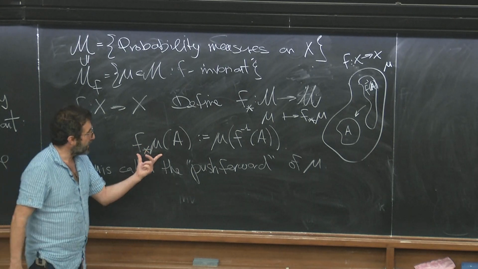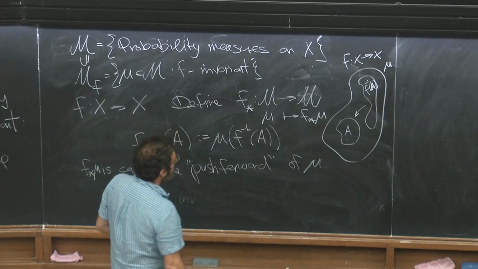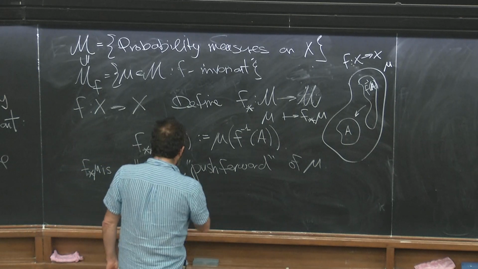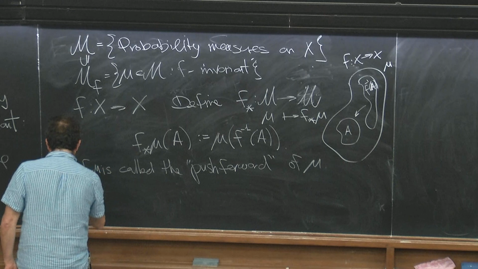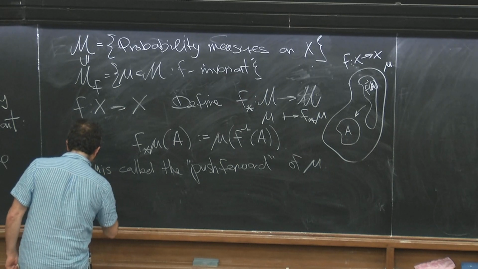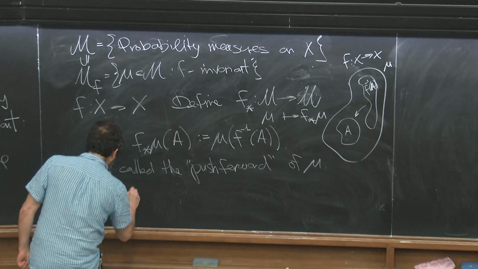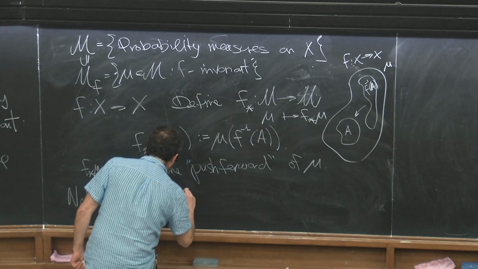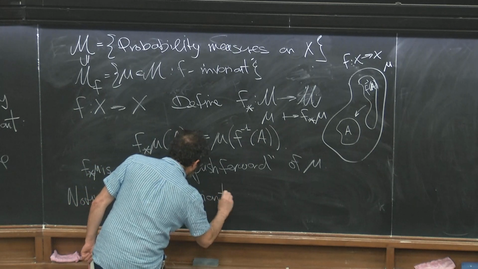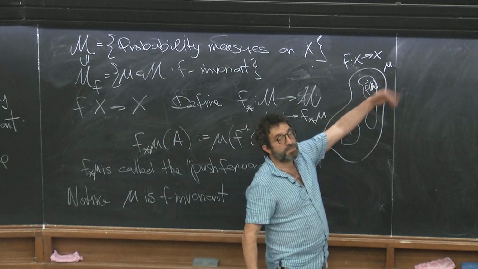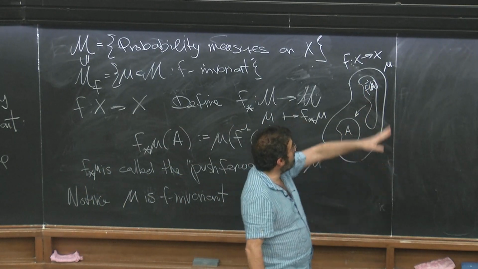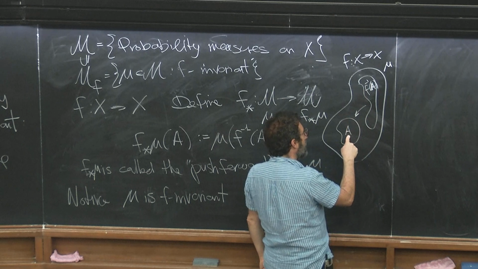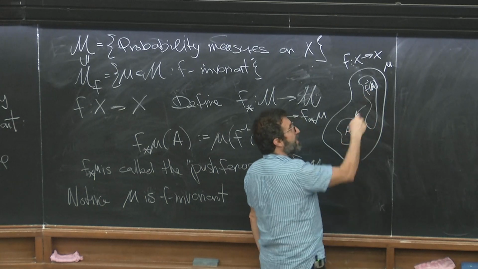Okay, it's not a completely intuitive process, but it has a very interesting feature. Notice that if mu happened to be F invariant, then by the definition of invariance, the measure mu of A and the measure mu of F minus 1 of A are the same.